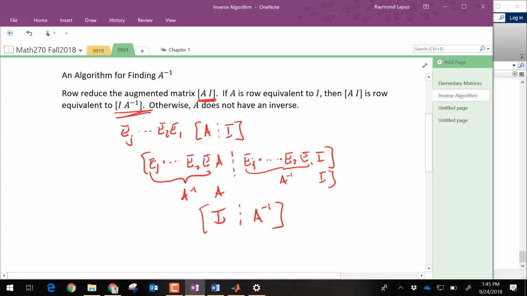So that algorithm is really relying on the basic elementary row operations. And if you do that with A, making that into the identity, and you do that to the identity at the same time, you're eventually going to get A inverse. Right?